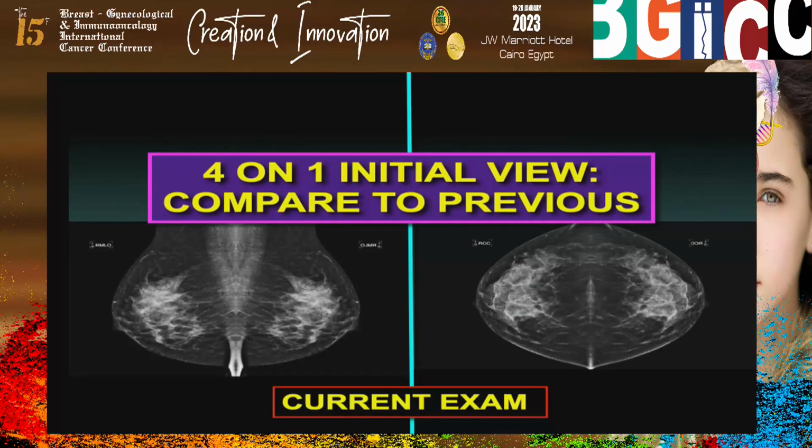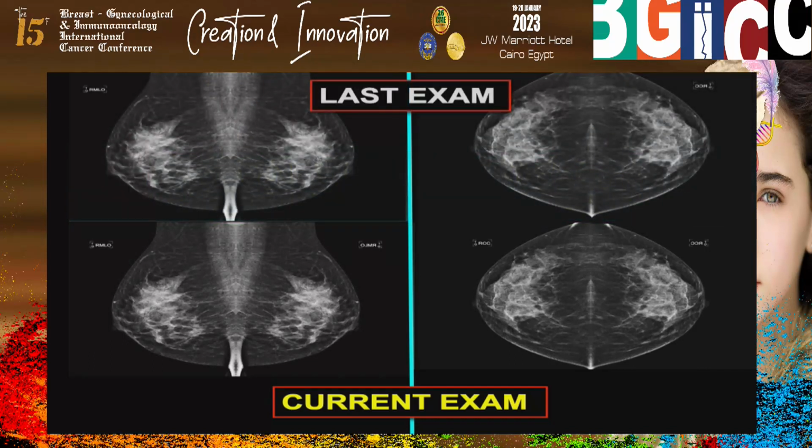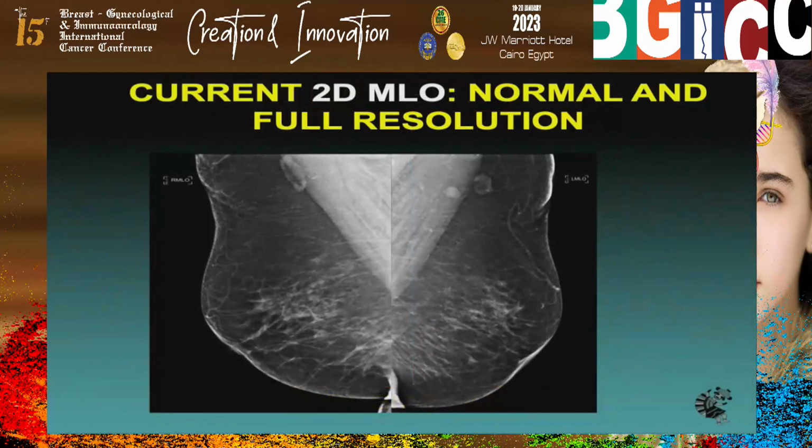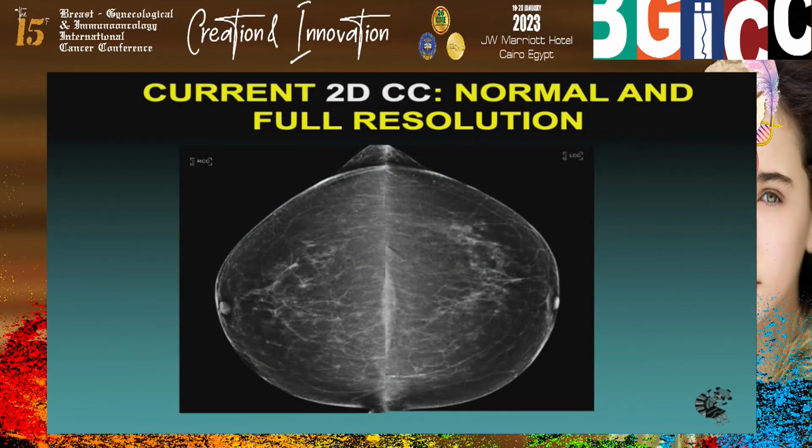What I do is I start with the current exam, looking at it in the 4-on-1 overview to see if there are any gross asymmetries from one side to another. If I have previous studies, I also compare these, of course, looking again for any change over time. Then and only then do I look at full resolution on the MLO views, comparing them side to side, and the CC views.